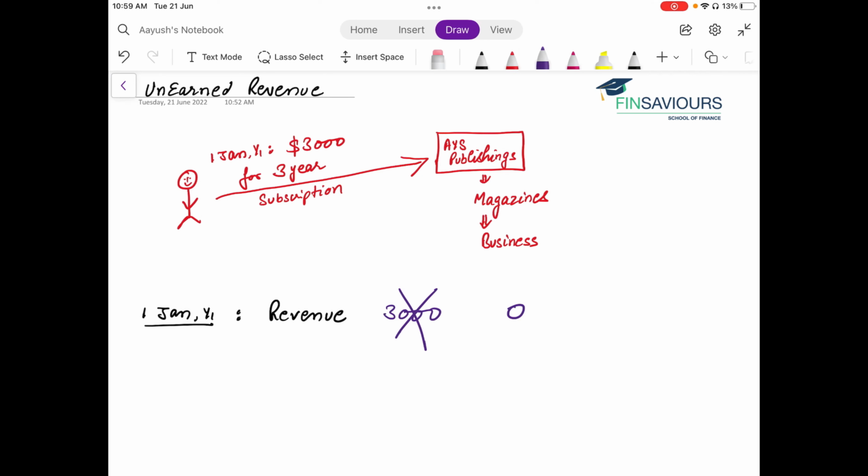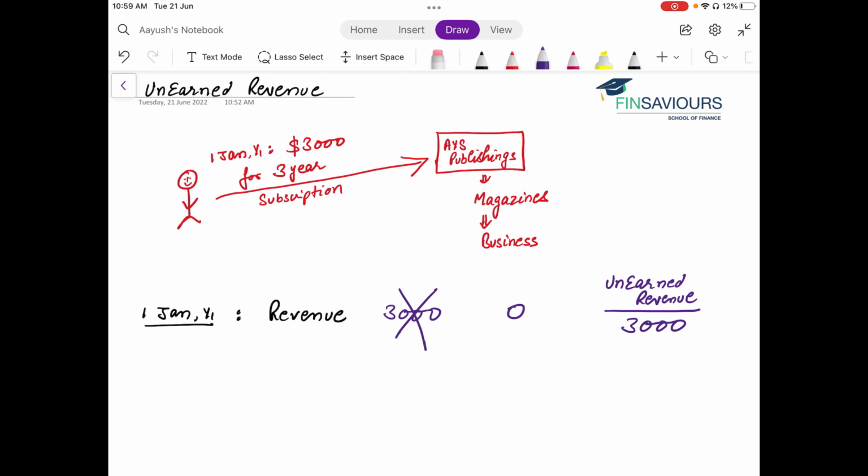So, have you earned this revenue? No. Then what does it become? Unearned revenue. That revenue which you have not yet earned. So, how much will you take in your unearned revenue account? Entire 3,000.